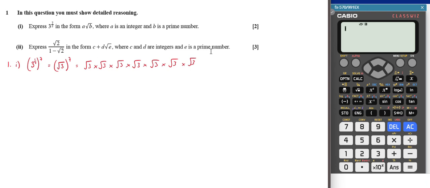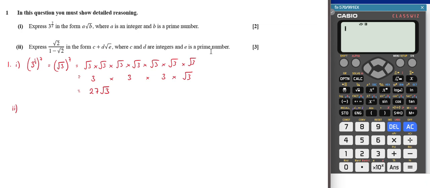Each of those pairs is going to be 3. So 3 times 3 times 3, that's 27 root 3. So is that in the form a root b? Yes, it is. A is an integer, it's 27, and b is a prime, it's 3.